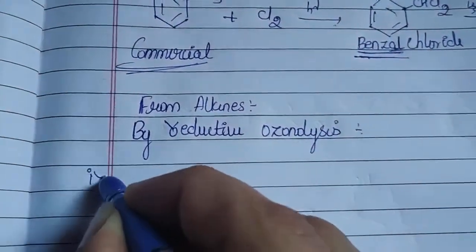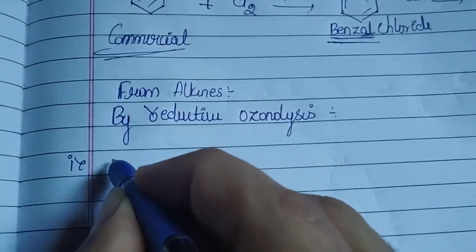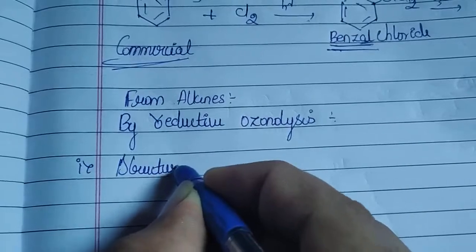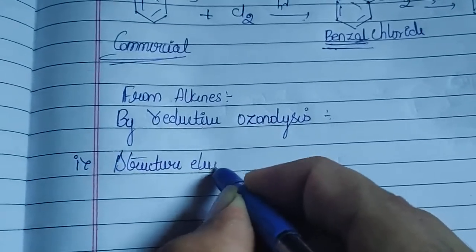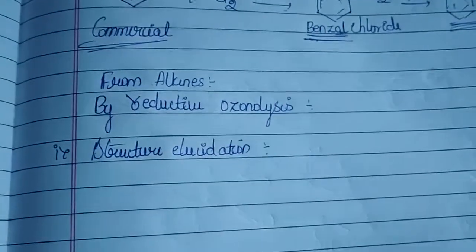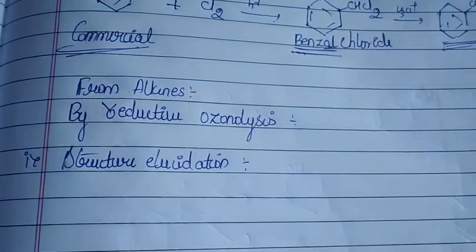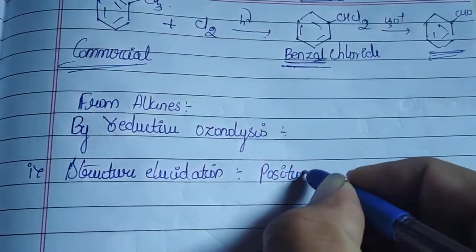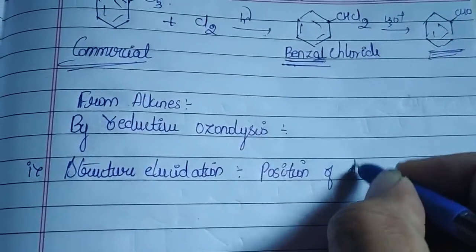Remember, this ozonolysis process is very important in structure elucidation. That means what, sir? Basically, through this ozonolysis process, we are able to judge the position of double bonds.